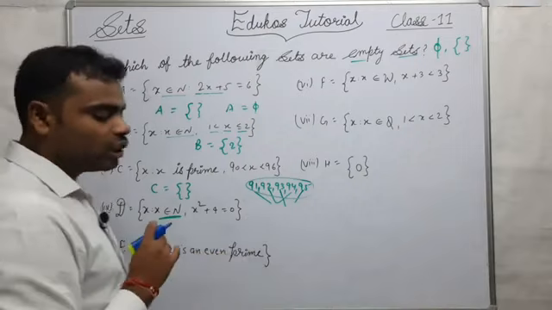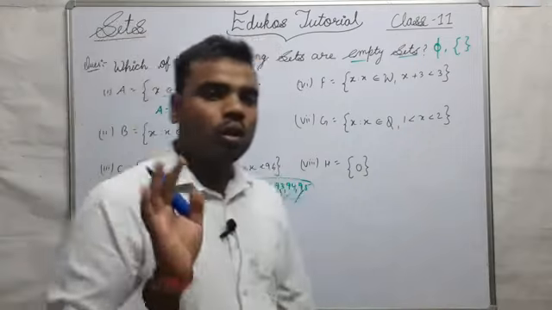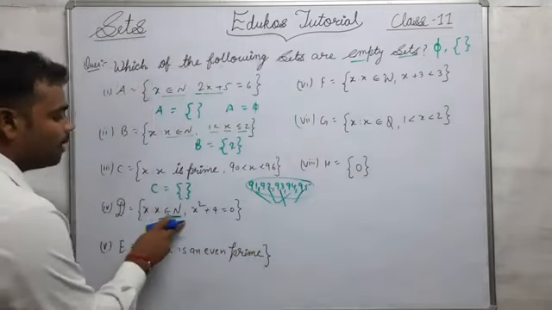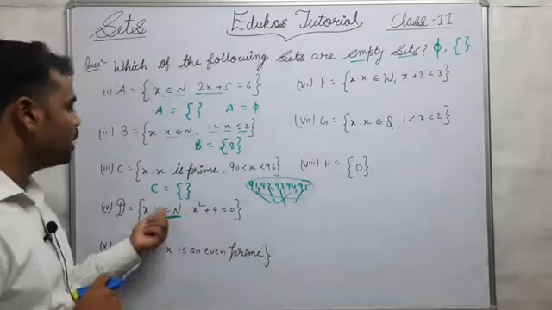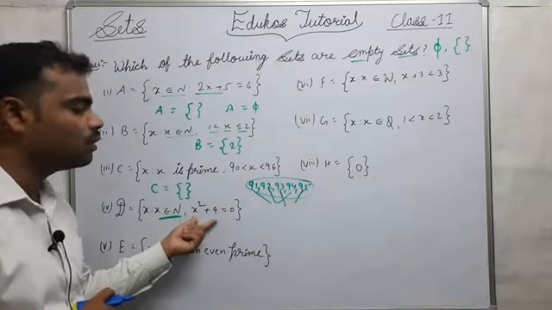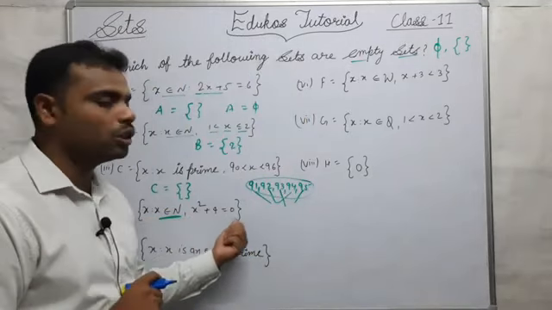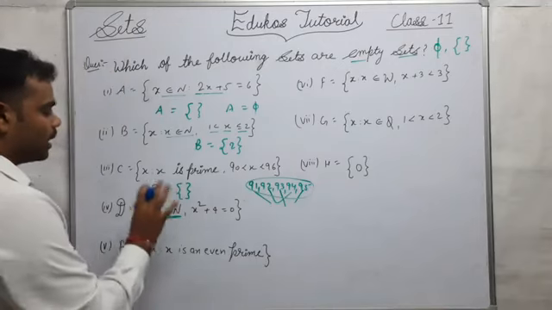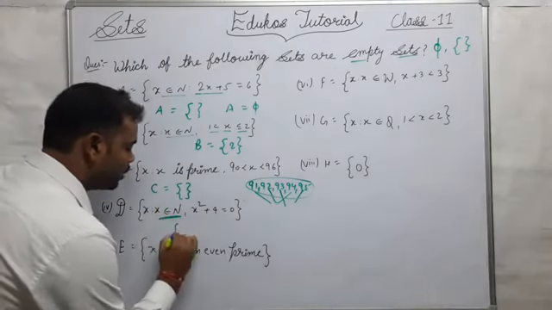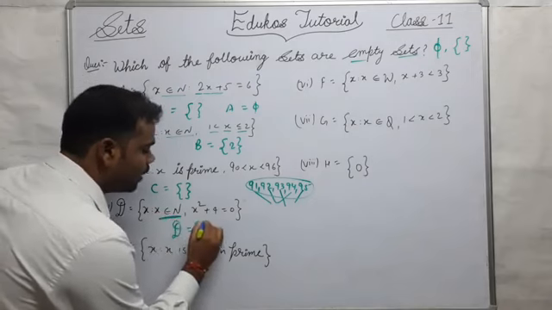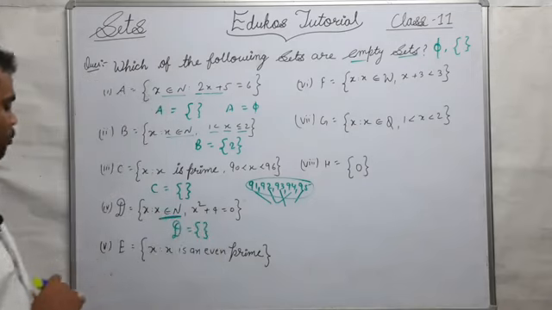So there is no natural number which satisfies the equation x square plus 4 is equal to 0. So we can say that this is an empty set.